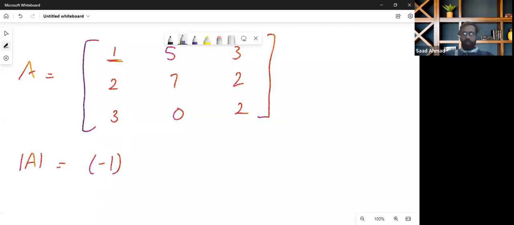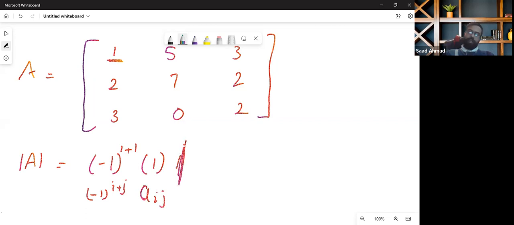For the entry 1,1, it's 1 plus 1. And then a_ij, that is the first entry. I'm writing the formula down so you can see a_ij.